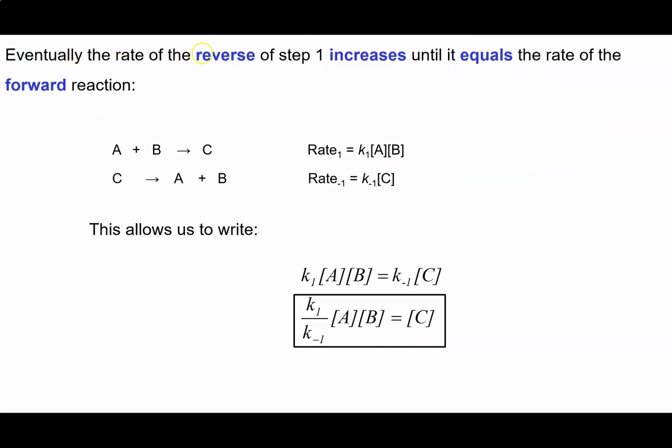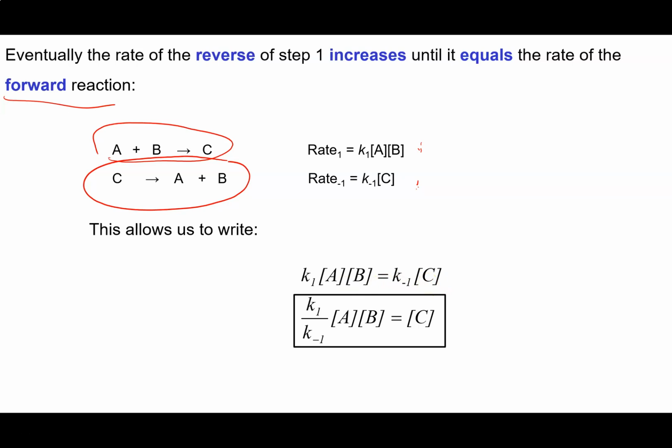So eventually the rate of the reverse of step 1 increases until it equals the rate of the forward reaction. Here's the rate of reaction 1 in the forward direction, and here's reaction 1 in the reverse direction. I've indicated that by 1 and minus 1 here. Eventually these two things will become equal. That is, the rate of the forward reaction will equal the rate of the reverse reaction.